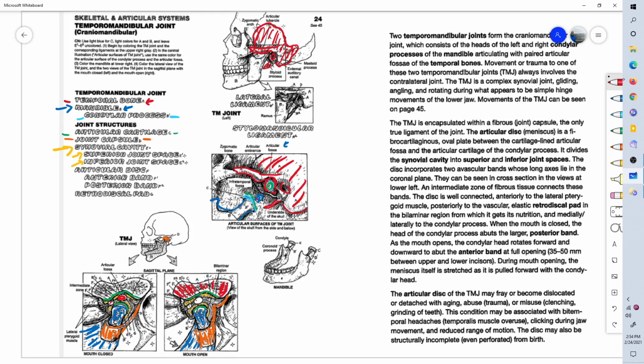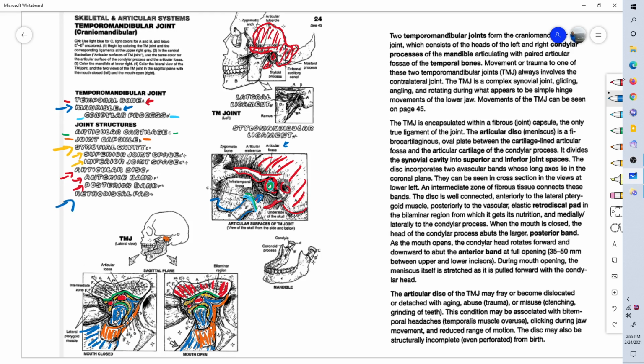In front, we have the anterior band of the articular disc, and in the middle there, the posterior band. And then behind it, what is known as the retrodiscal pad. Retro means behind, discal means disc. The pad that's behind the disc.